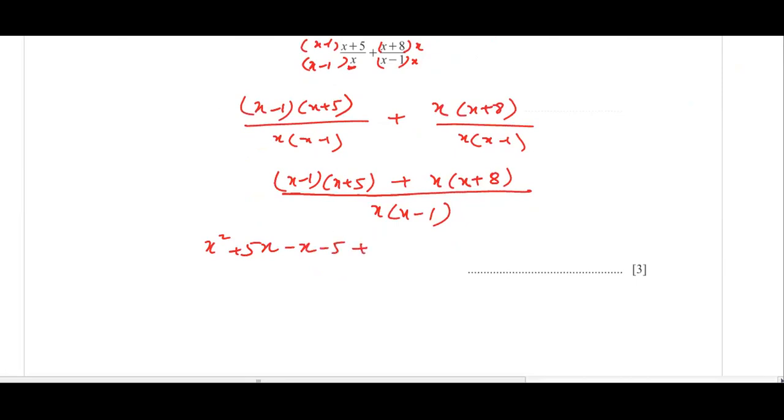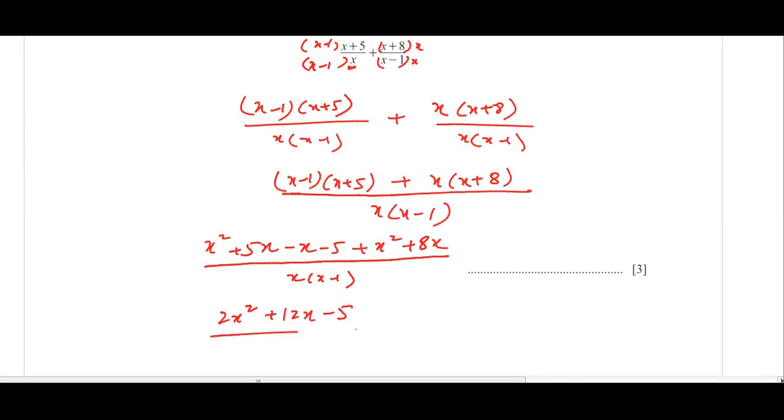Plus now this x with x square. X with 8 will be 8x. And divided by x into x minus 1. Now x square plus x square will be 2x square. 5x minus x is 4x. 4x plus 8x will be 12x. Minus 5 over x into x minus 1.